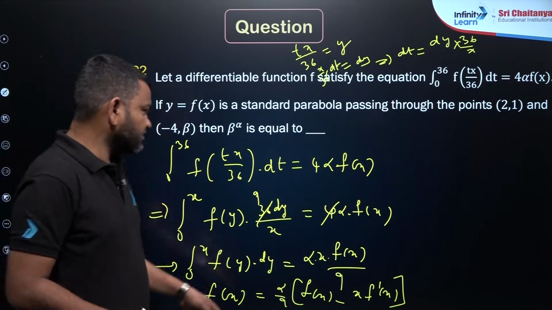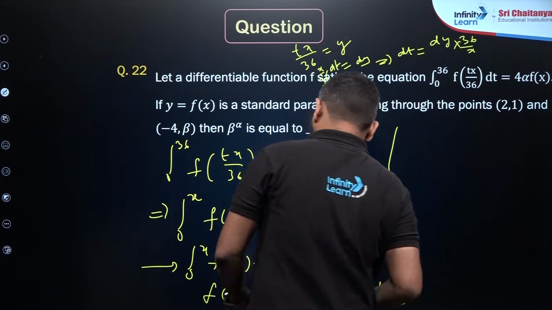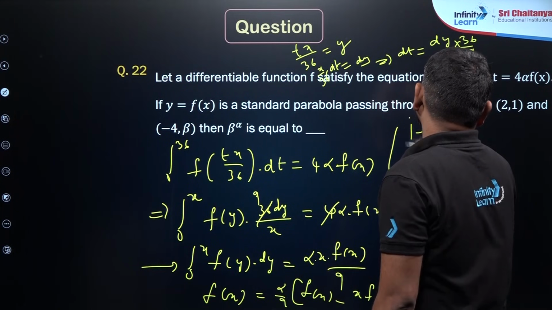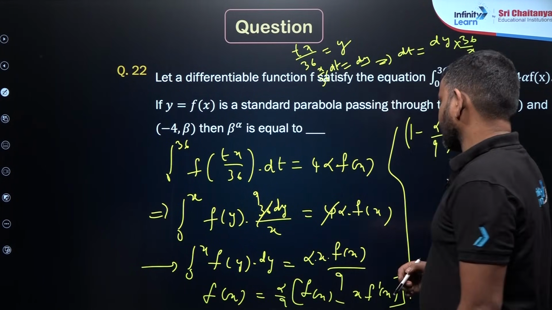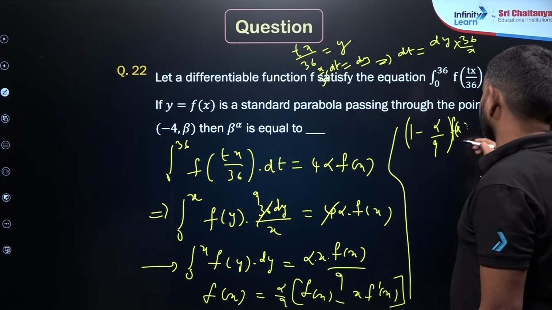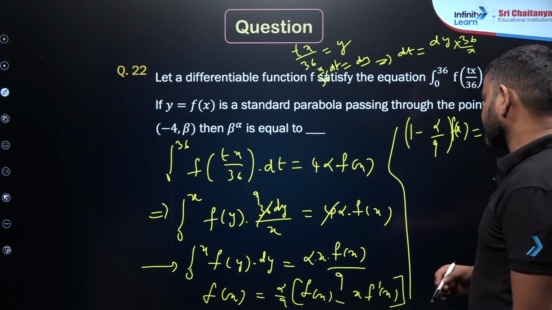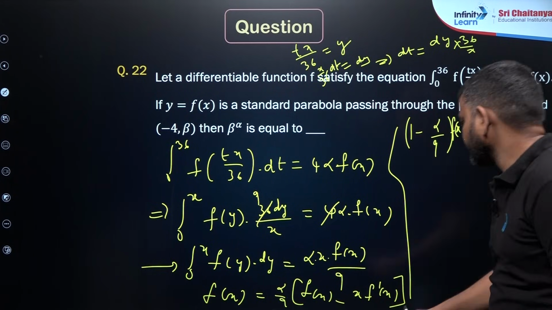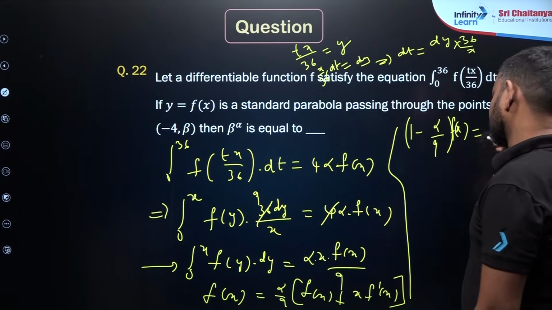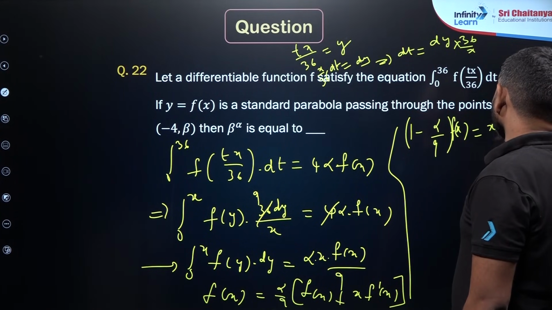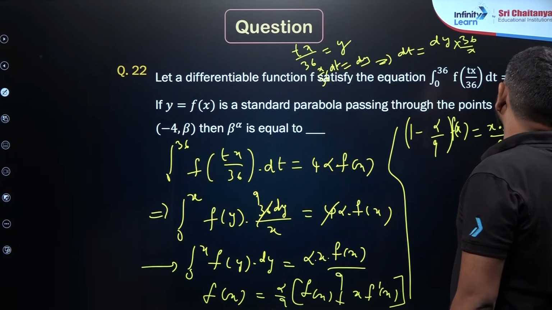Now take alpha into f of x to one side. If I am taking this to one side, 1 minus alpha by 9 into f of x equals f of x, why am I writing negative here, it is positive. So which is equals to x into alpha by 9 into f dash x.